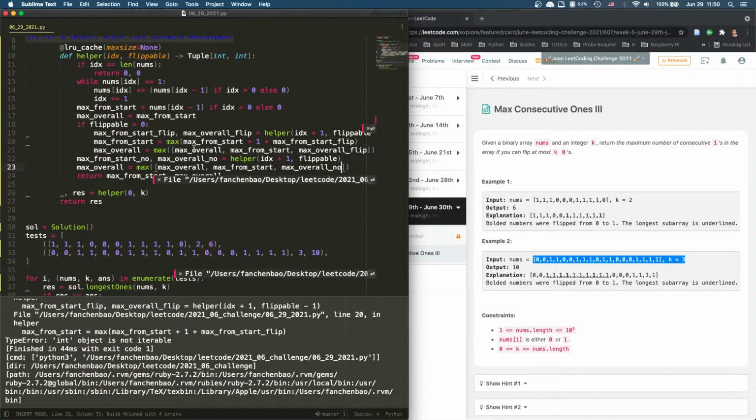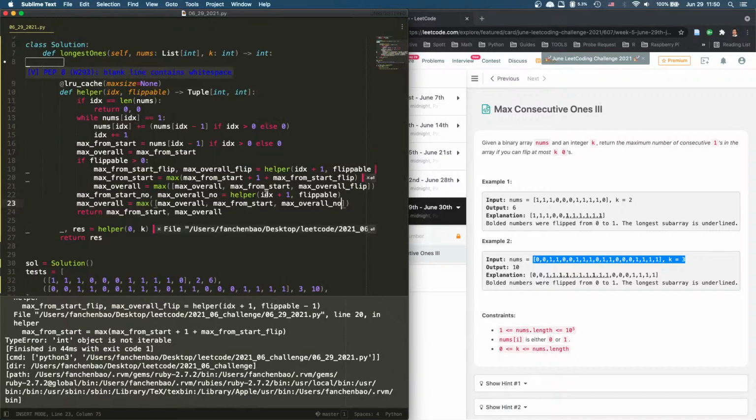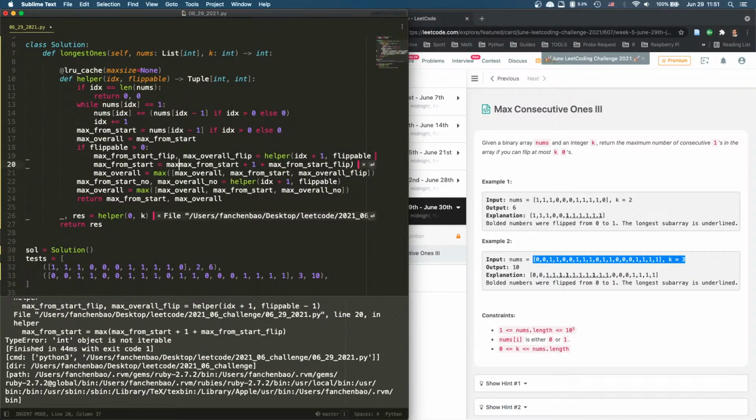Oh my god, I have so many issues. Max from start equals max from plus max from start. Oh, this is not a max. Yeah, it's not a max.